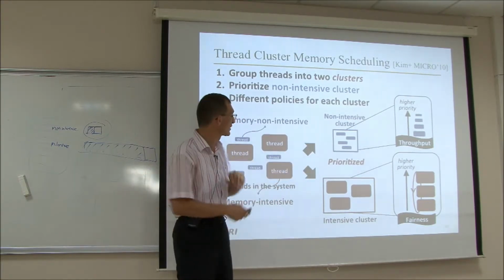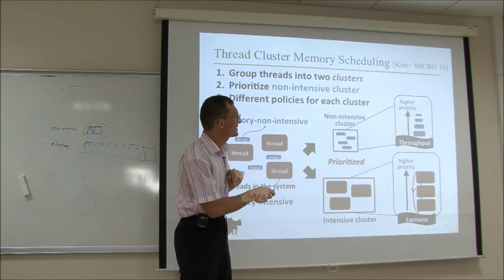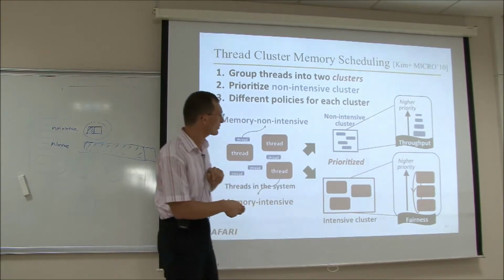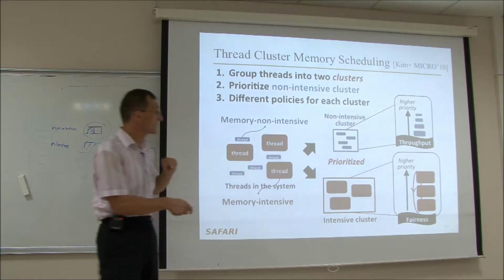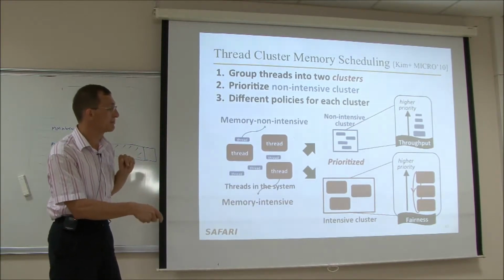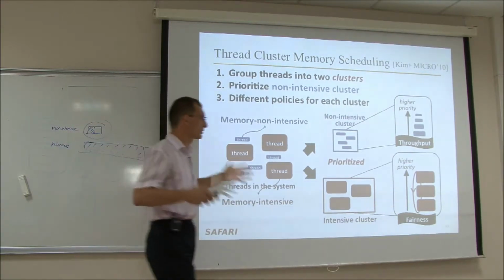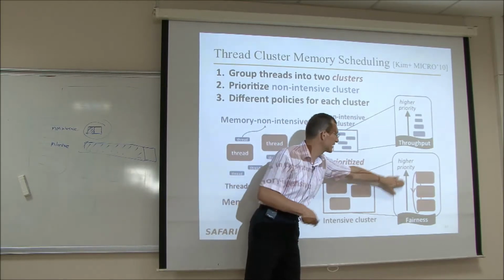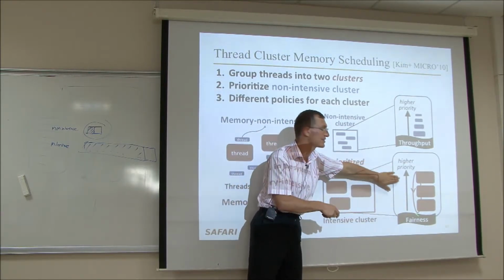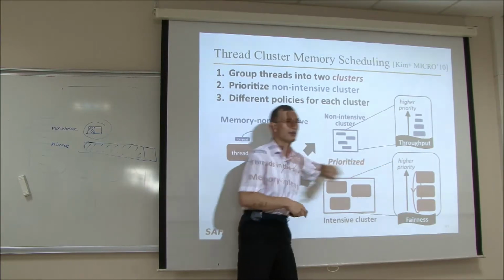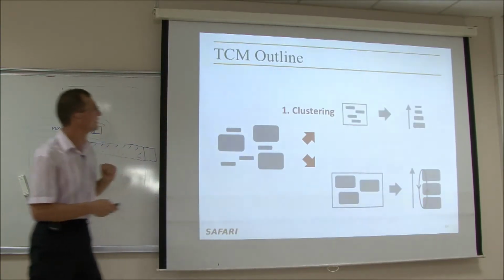Less intensive threads are prioritized over others, although it doesn't matter that much over here. For the intensive cluster, this prioritization policy matters a lot because you're dealing with fairness issues with big threads. And we're going to shuffle the ranking of different threads such that each thread gets to be higher priority at any given point in time. So let's take a look at how we do these in some detail. How do we do the clustering?